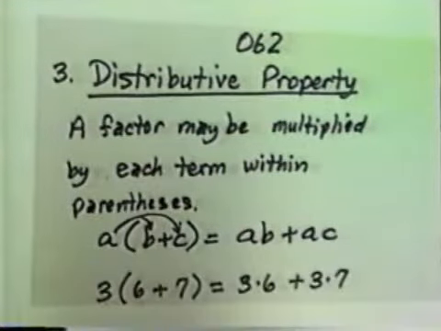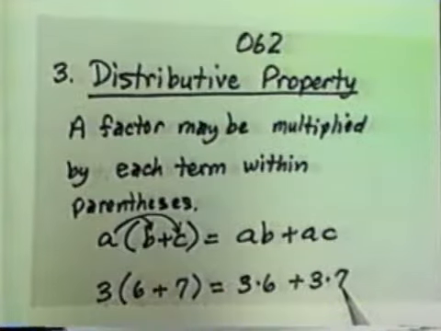Looking at a numerical example, let's take 3 times 6 plus 7. The distributive property says that the 3 can be multiplied by 6, and the 3 can be multiplied by 7, with those products added together. 3 times 6 plus 3 times 7. Let's simplify both sides of this expression.